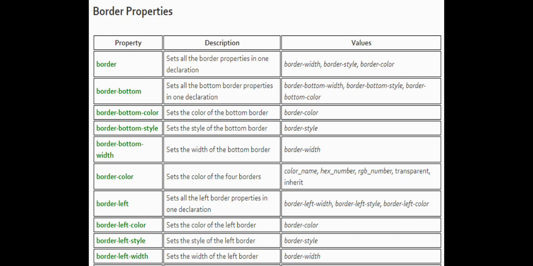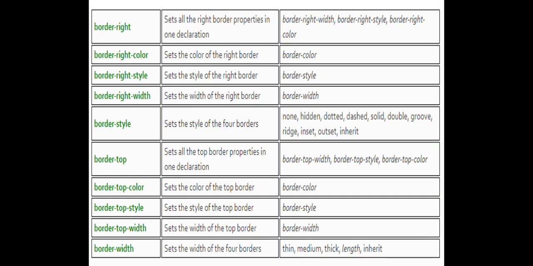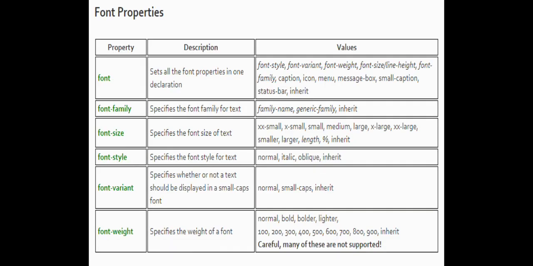Then border left style sets the style of the left border. Next, border left width sets the width of the left border. Like that we have border right color, border right style, border right width, border style, border top color, border top style, border top width and border width. So all this you can write down. I think when you read this text you will understand all this.